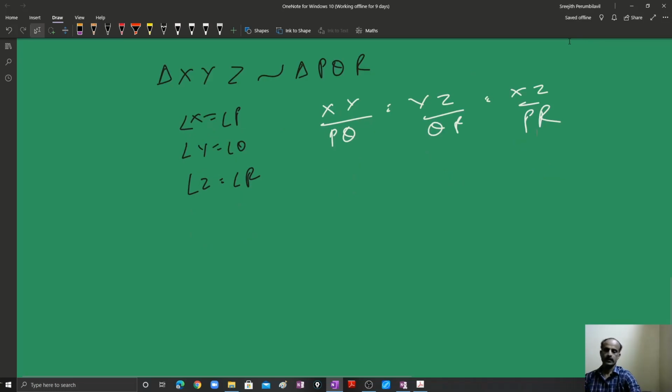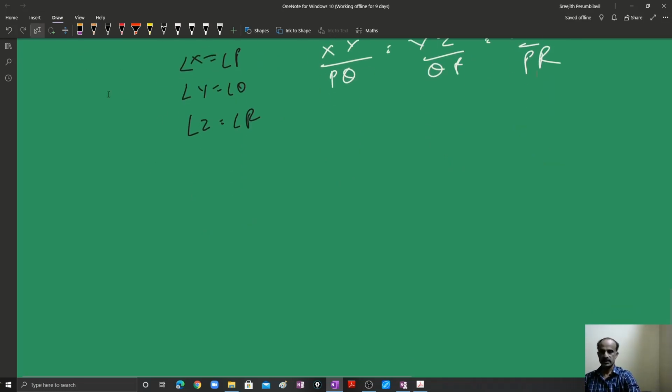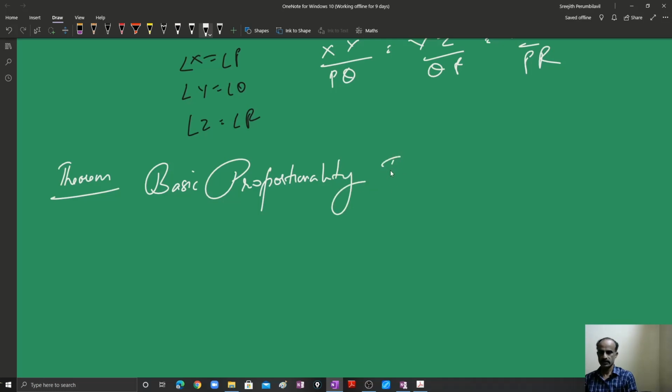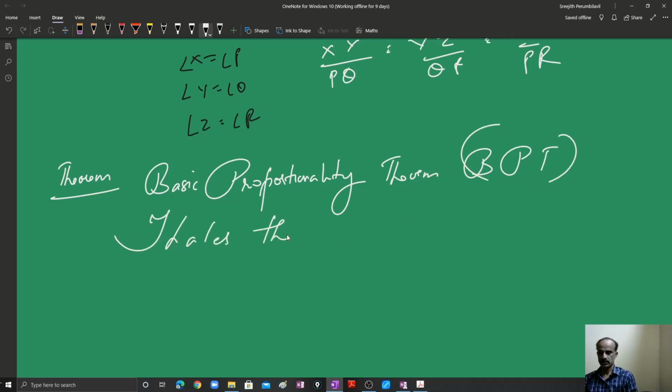Okay, now we will move on to the next important thing, a small theorem. This theorem is known as the basic proportionality theorem, or BPT, also known as Thales theorem.